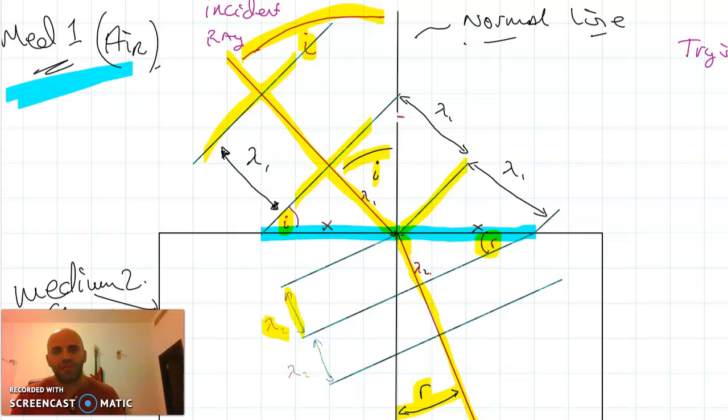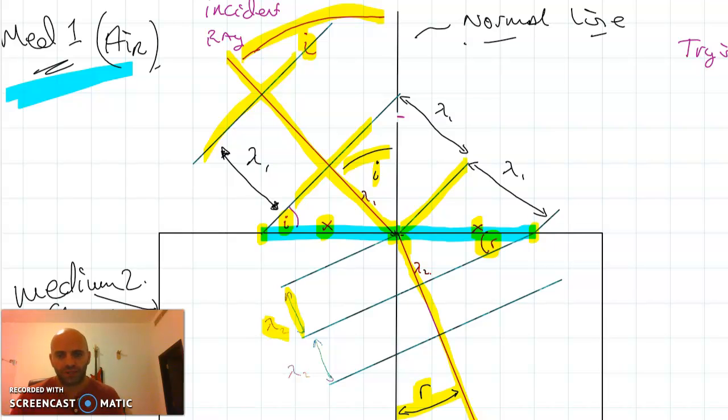Now, the logic that I'm trying to use here to prove this is to use a certain distance x, which is basically the distance between those yellow dots that we had in the previous diagram. So these distances are all the same. That means this is x and this is x.